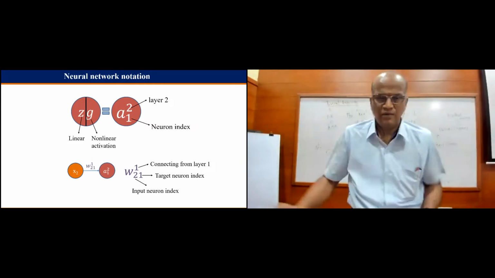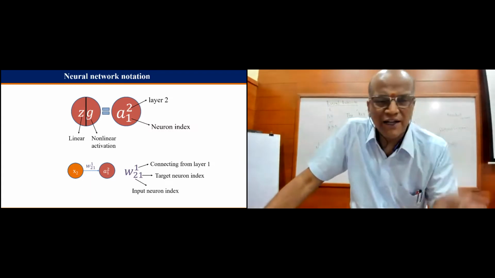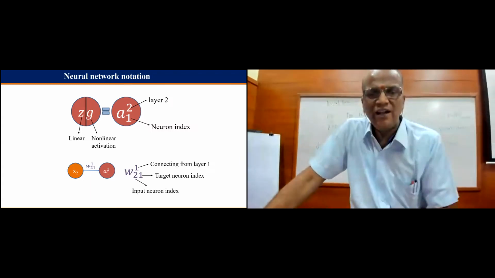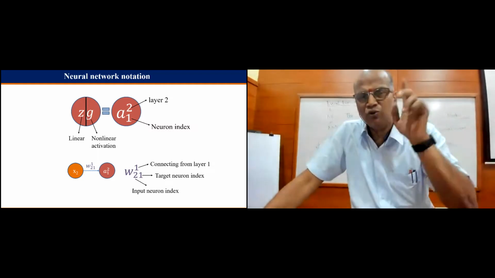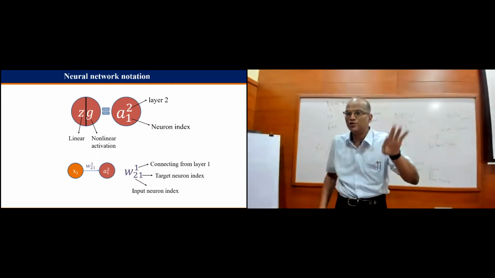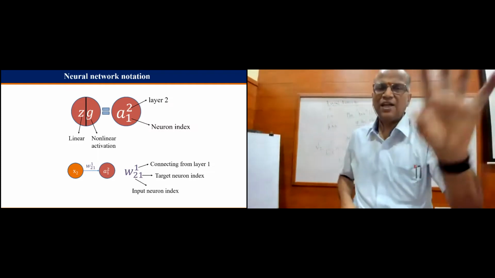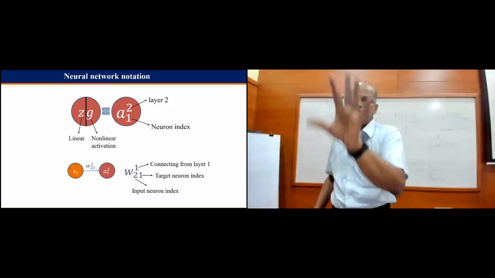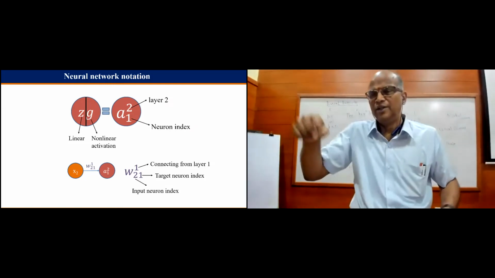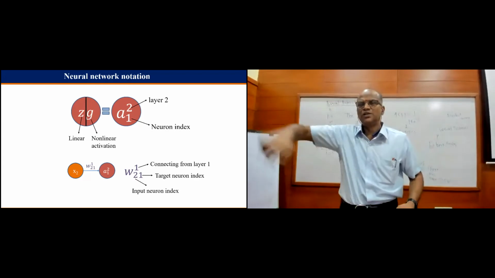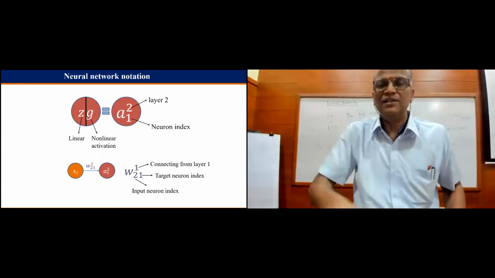Now come down. There is an input layer X2. There is a weight W21 superscript 1, and it goes to A12. Please note that we are introducing many things here. First is the activation function. On the right side, we are talking about the neurons, which are denoted by A, with a superscript and a subscript. Then there is a weight.